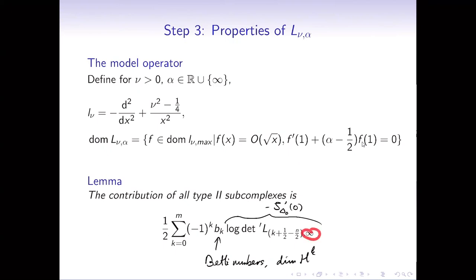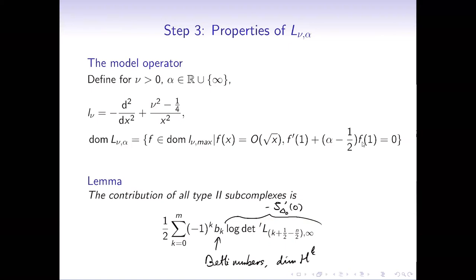So we have Dirichlet boundary conditions, and our value of nu is this guy, which we've seen several times. It's k plus 1/2 minus n/2. And so our task is now to investigate this guy, because this is also the operator that pops up in the type 1 subcomplexes.